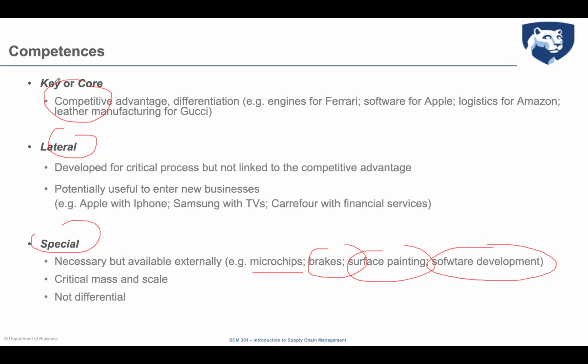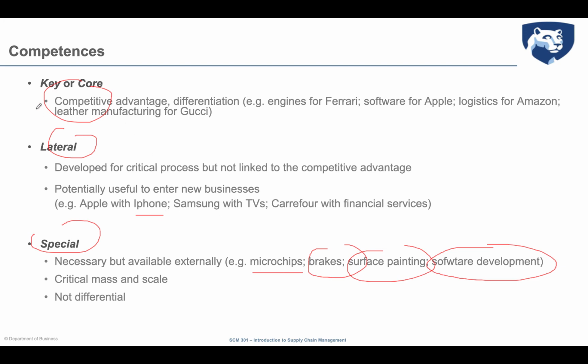So these two types of competence are very different, and then there are lateral competences, which are developed for critical processes but not linked to the competitive advantage. For example, Apple with the iPhone: the ability to make the microprocessor for laptops allowed Apple also to enter the iPhone market, whereas before production was just focused on computers.